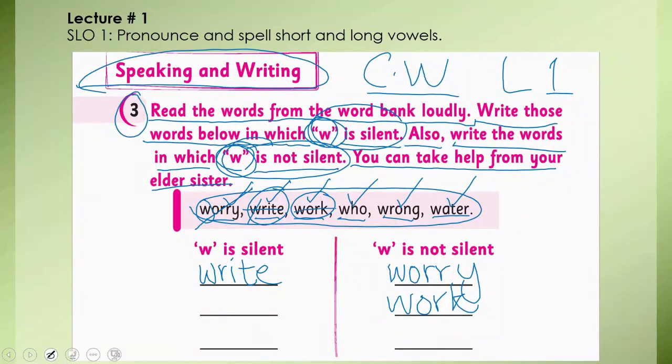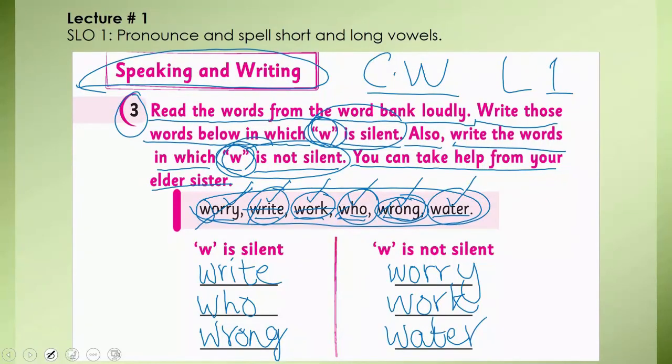Who? Who is at the gate? The w is silent. Wrong. So the w is silent. Last is water. I want to drink some water.